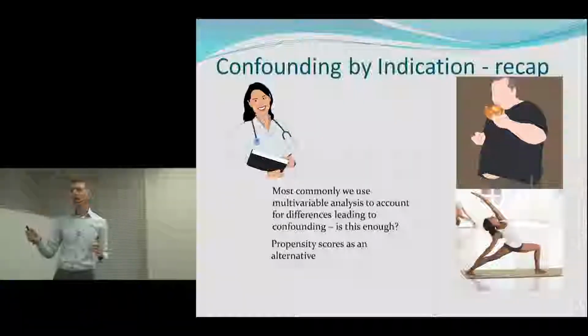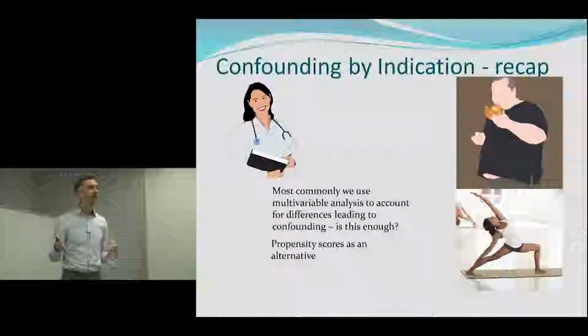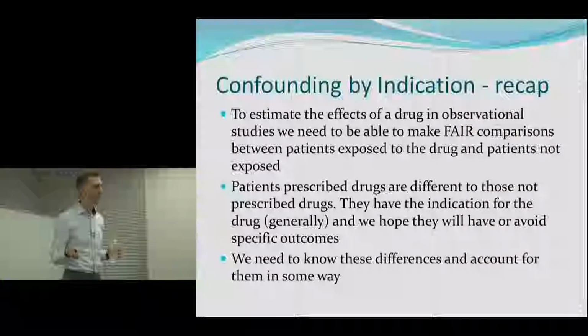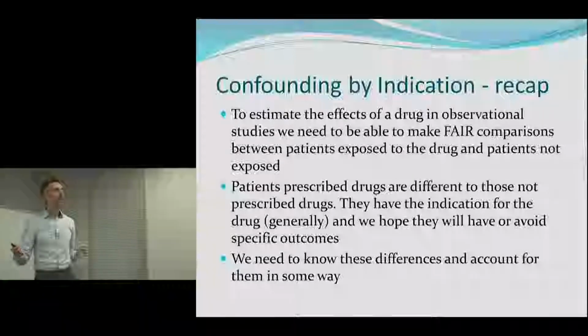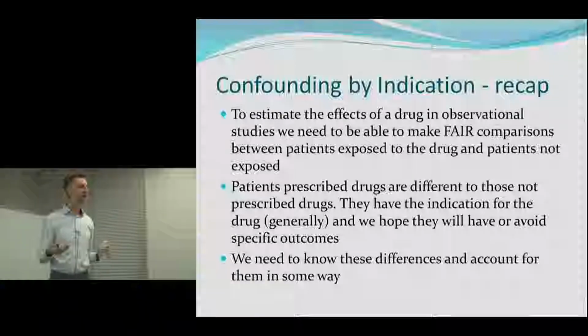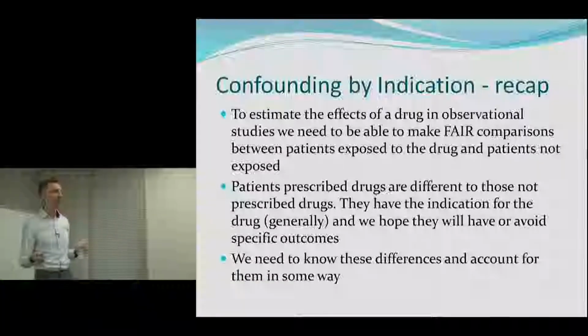Okay. I think that propensity scores are potentially one solution to this problem. So if we're going to make comparisons between people, they need to be fair comparisons. Patients who are given drugs are different to people who are not given drugs.